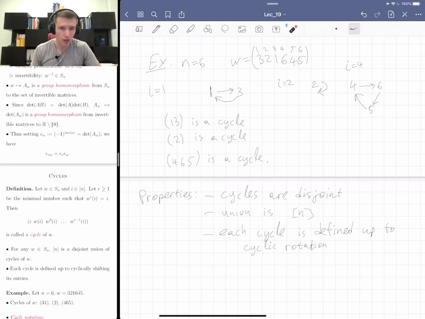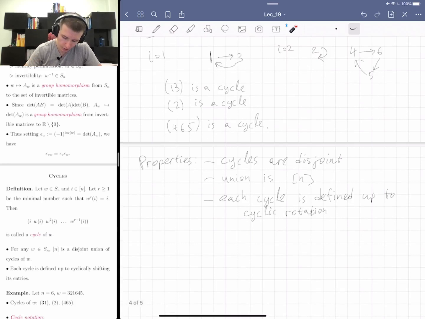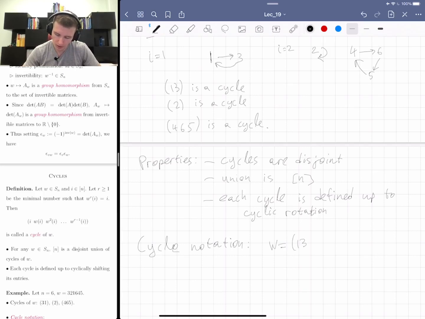So in particular, it's going to be convenient, and that's a widely used notation. It's called cycle notation. I'm going to write w is (1, 3) times (2) times (4, 6, 5).